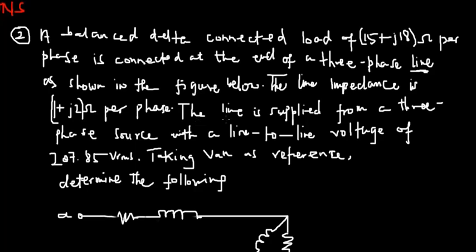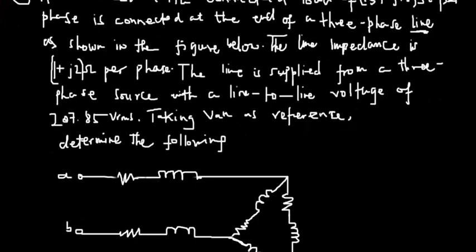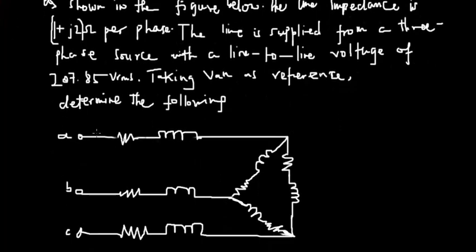And then the line is supplied from a 3-phase source with a line to line voltage of 207.85 VRMS. Whenever you see VRMS, you notice that we are talking about something relating to impedance. Now we have to take VAN as reference. So let me introduce the VAN. Now this is the entire 3-phase.